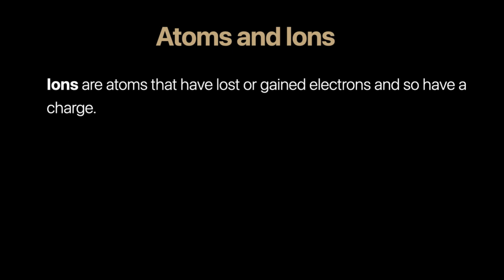Next up, we'll take a look at the idea of atoms and ions. So what are ions? Ions are basically atoms which have either lost or gained electrons. And because they lose or gain electrons, they get a charge. You must remember many from your O levels or IGCSEs, things like a sodium positive ion, a calcium 2 plus ion, chloride minus ion, oxide minus ion.